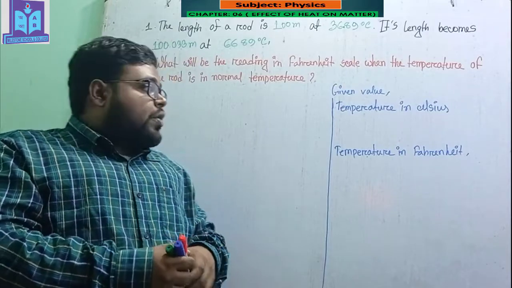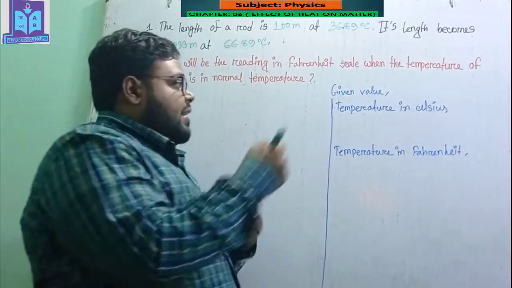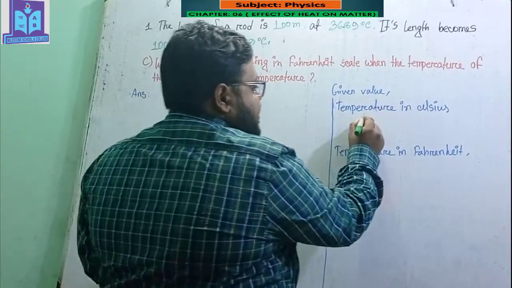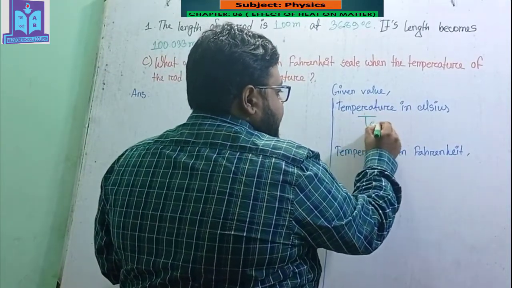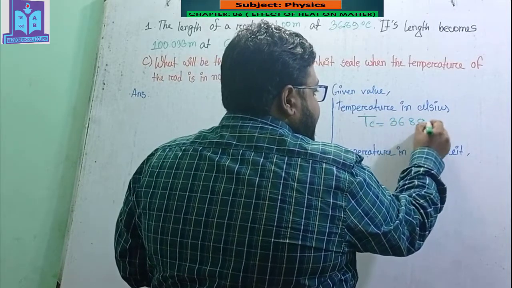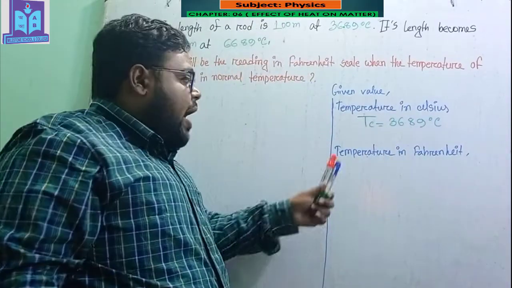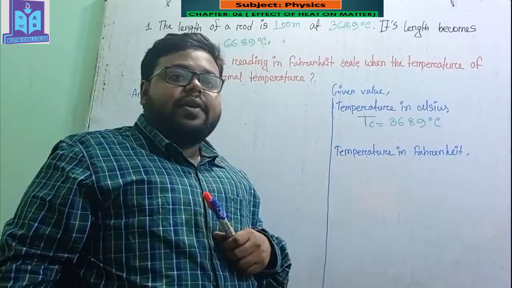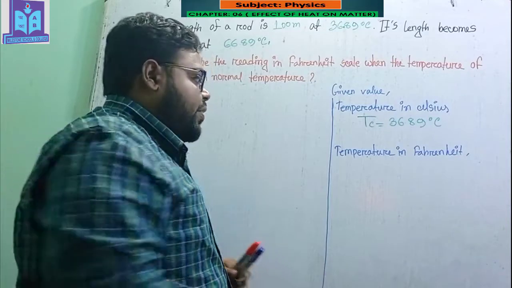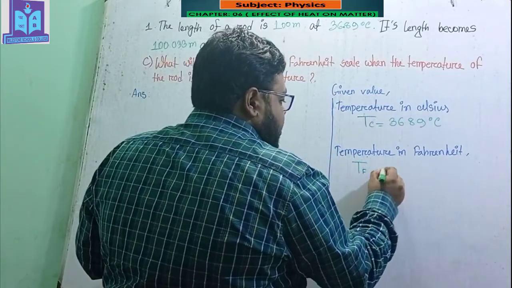So the given value is the temperature in Celsius Tc equals 36.89 degree Celsius. And I have to find out the temperature in Fahrenheit scale. So I have to find out Tf equals to what?